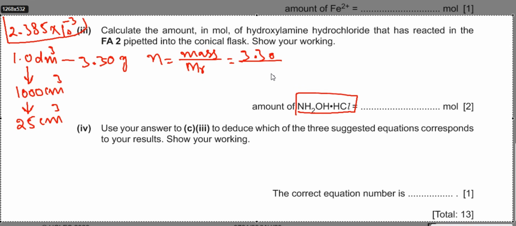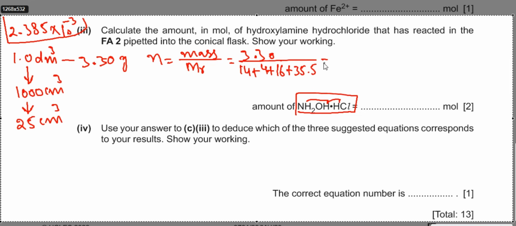So how many nitrogen do we have? 1, which is 14. We have 4 hydrogen, and the atomic mass of hydrogen is 1, so it's 4, plus we have 1 oxygen which is 16, plus 1 chlorine which is 35.5.